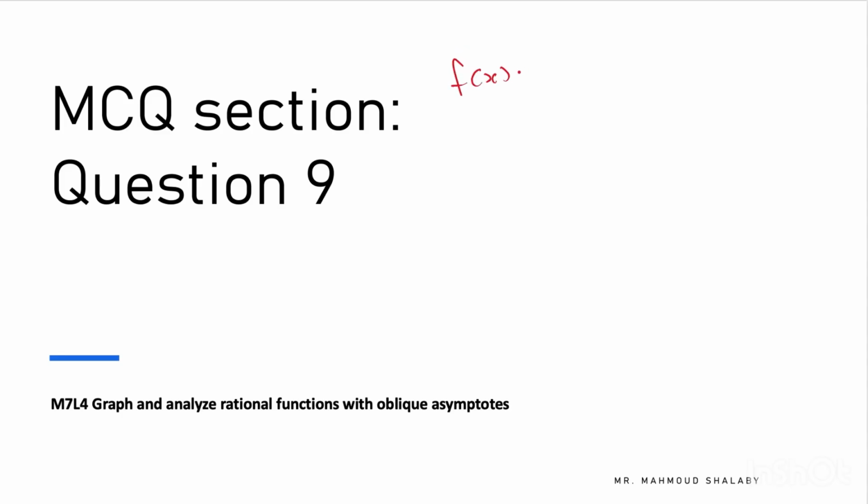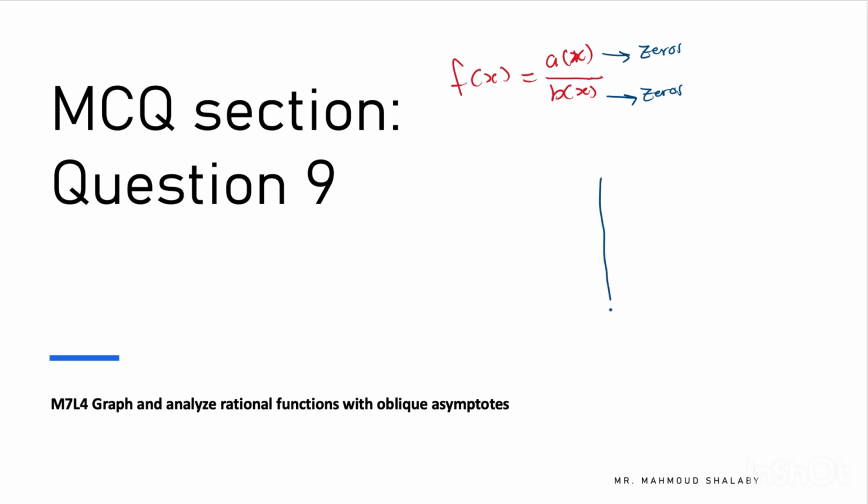The rational function, we said it's given in the form of f of x equals a of x over b of x, which means both the numerator and denominator are functions of x. If you remember, we can find the zeros of the numerator and we can find the zeros of the denominator, but only one of them will lead to the zero of the function.